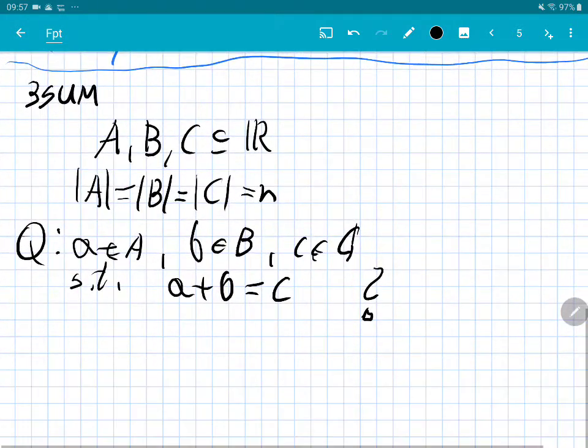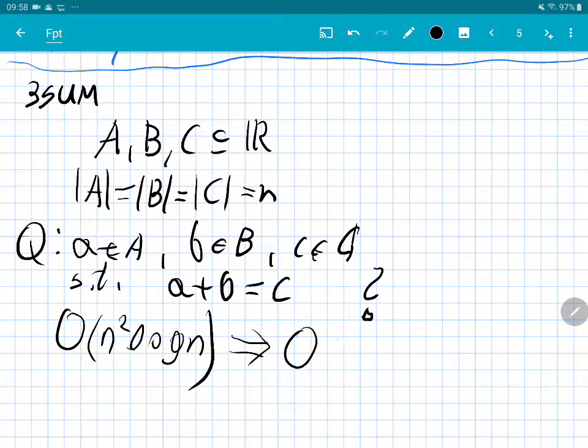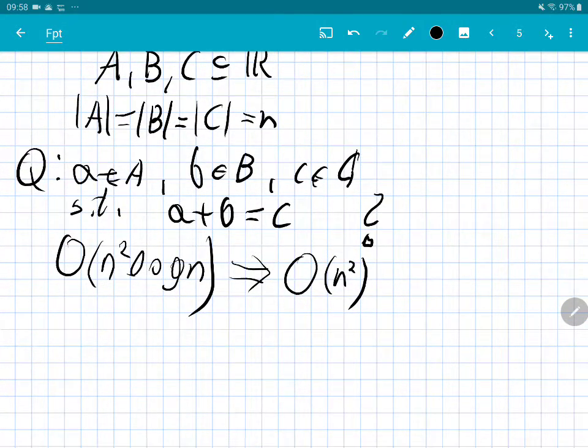Okay. So this problem, if you think about it without too much thinking, can be solved in n squared log n time. You essentially try every pair of numbers in A and B, and you do a lookup in C using, let's say, binary search after sorting C. But in fact, if you work slightly harder, you can do it in n squared time. You can be a bit more clever about things.